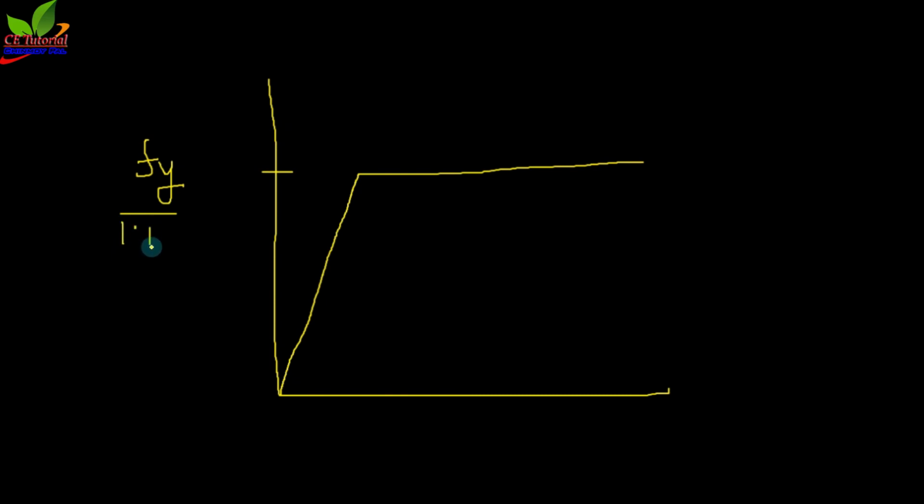Okay, so this is a straight line, this is another straight line, and this value is Fy by 1.15. Okay, so this value is Fy by 1.15, and we can write it as, tell me.